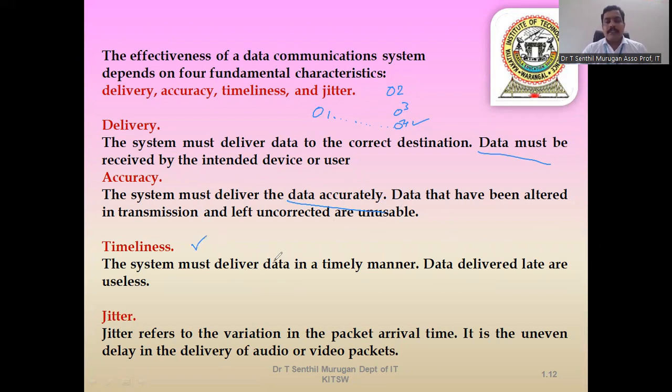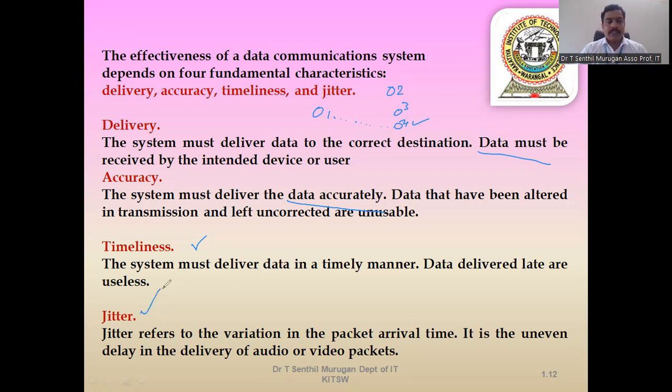So if I send the information to you in WhatsApp, all the students should join at 10 o'clock. So I will post the message at 9 o'clock. If you are seeing it before 10 o'clock, the message is valuable. Okay. If you are not receiving this information before 10 o'clock, what is the use of this data? So time is very important when transmitting the data in computer network.